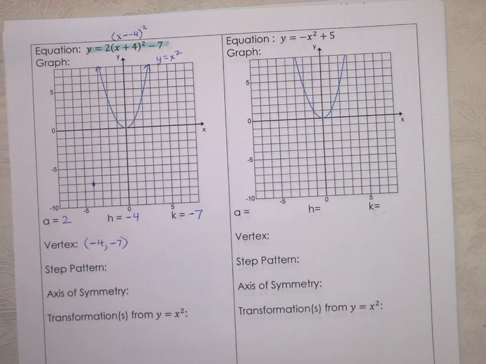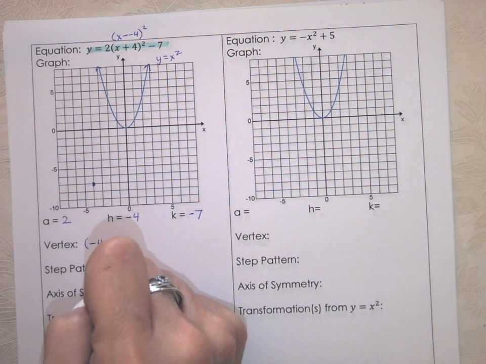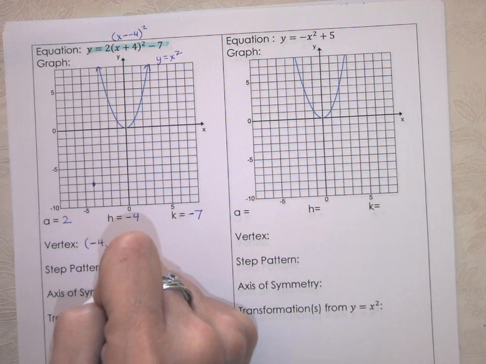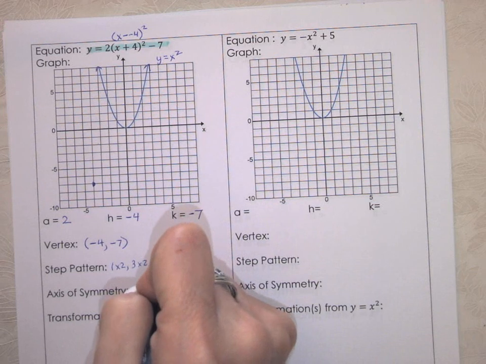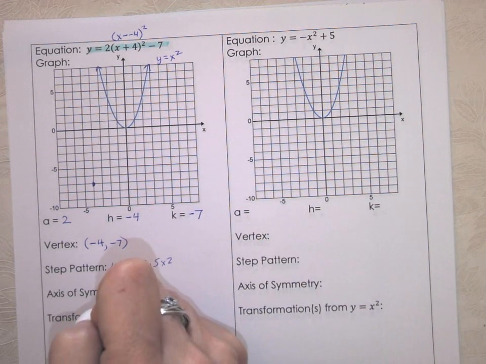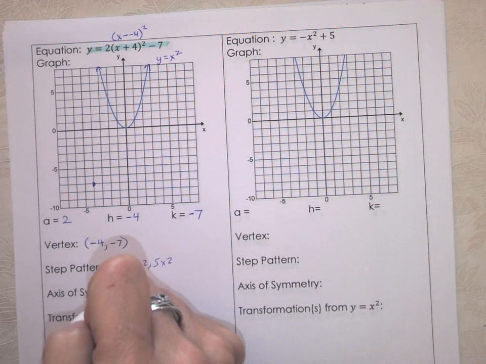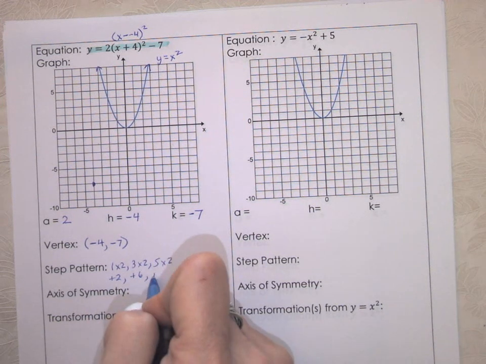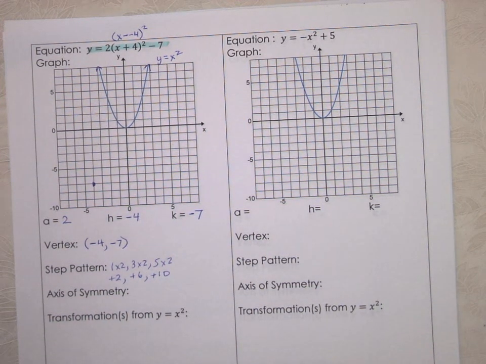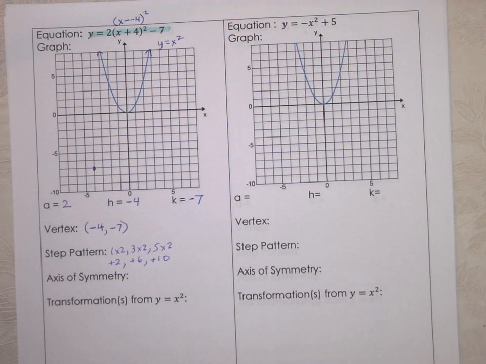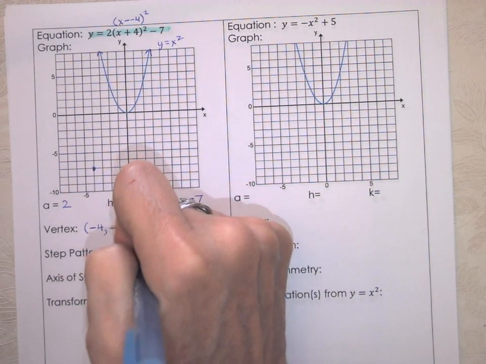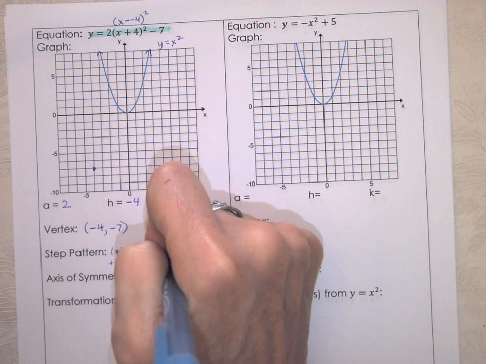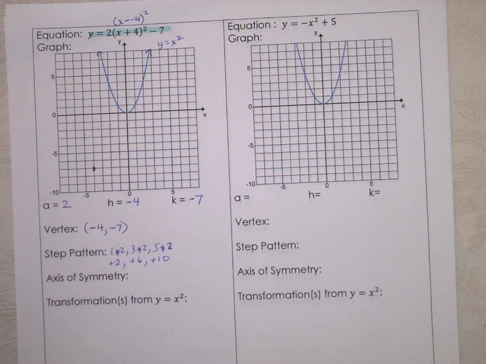So remember, our step pattern is 1 times a, so in our case 1 times 2, 3 times 2, 5 times 2, or you could just write +2, +6, +10, okay? So you're multiplying the normal 1, 3, 5, and again, these look like X's, so I'm going to change them to stars here. And you're just multiplying each step by 2, or doubling each step.